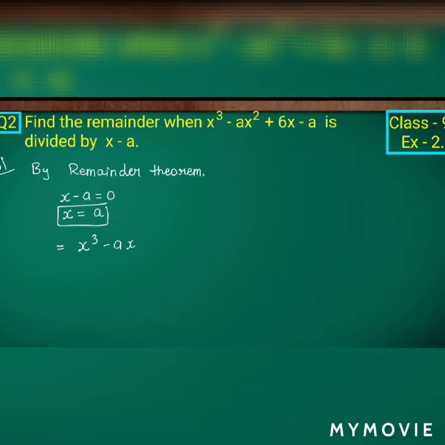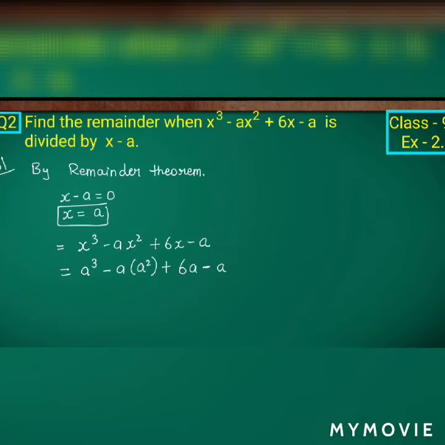So x cube minus ax square plus 6x minus a. In the place of x we have to substitute the value a. So what will it become? a cube minus a into a square, plus 6 into a minus a.